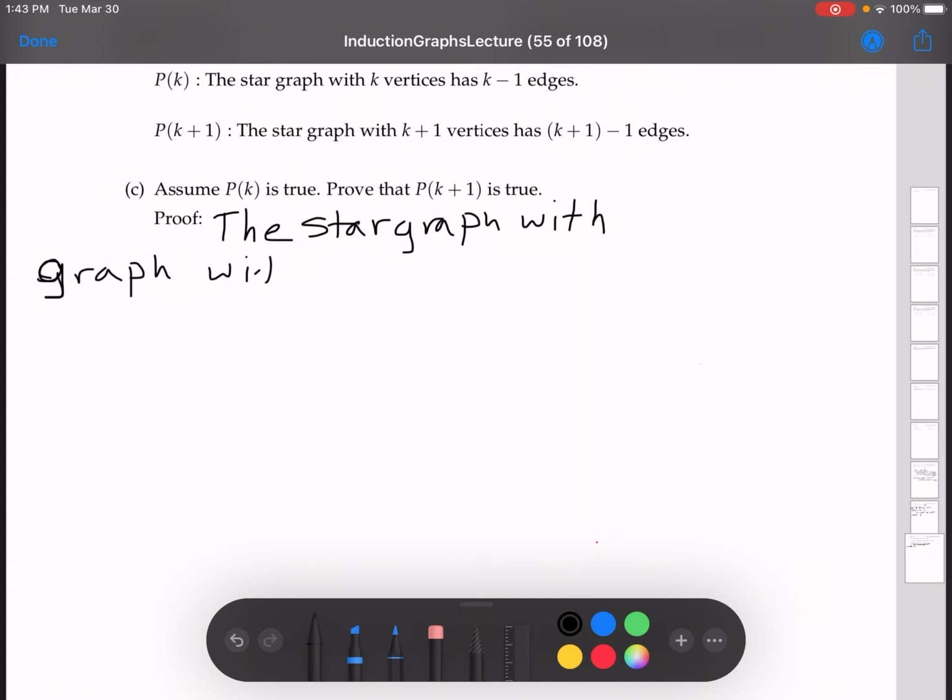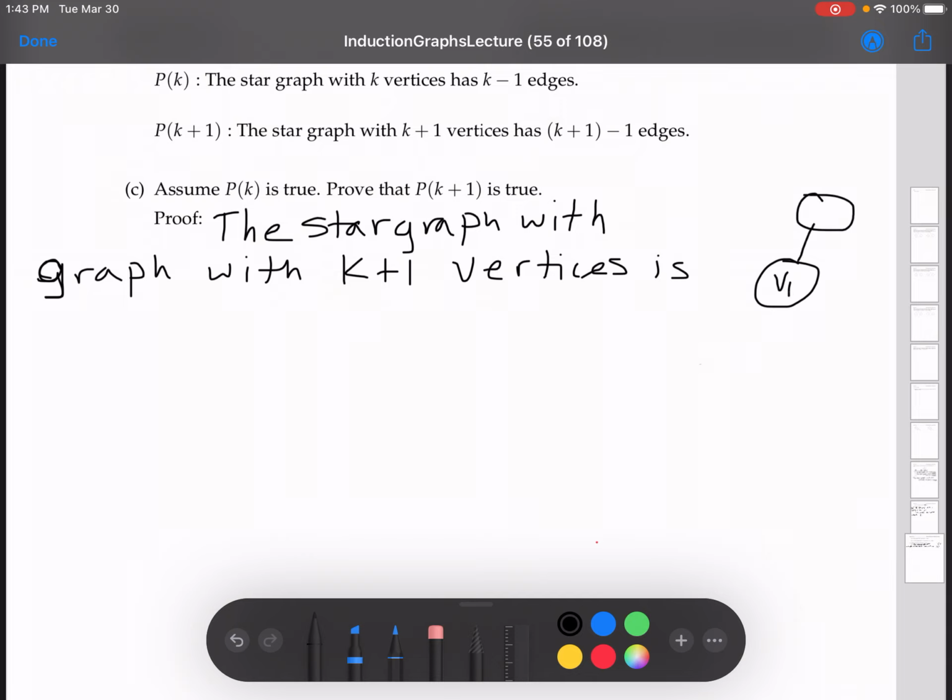Now remember, the star graph always starts with V1 in the center. So we'll put our V1 there.